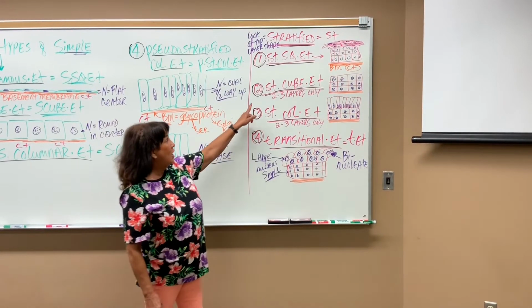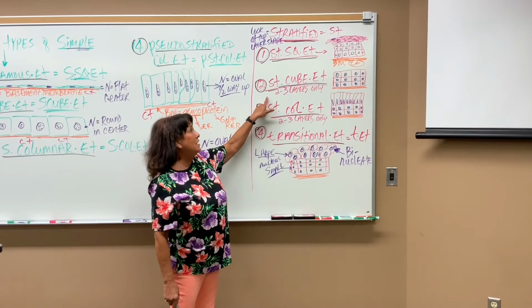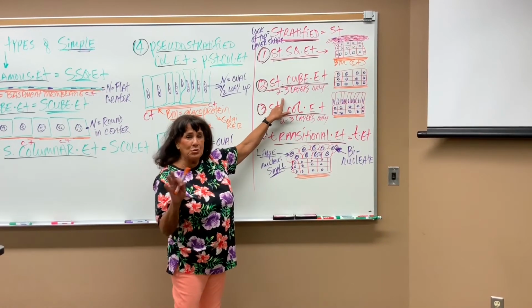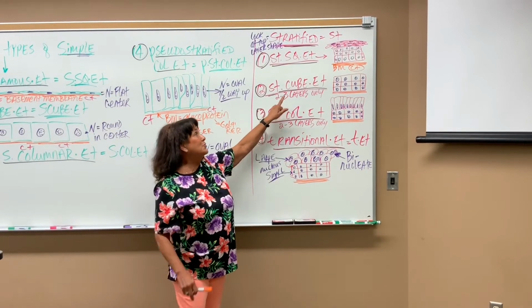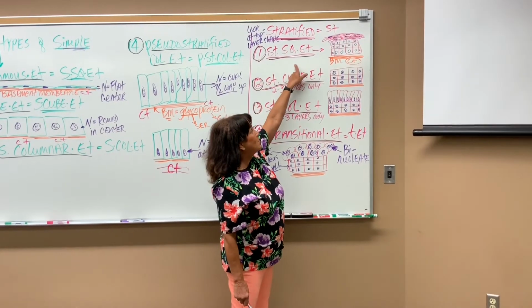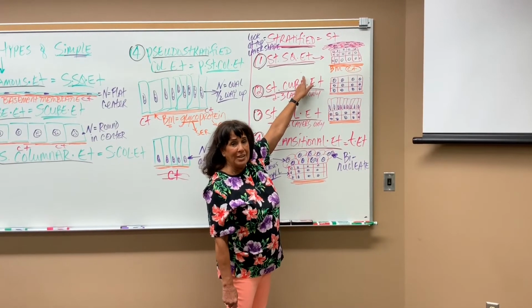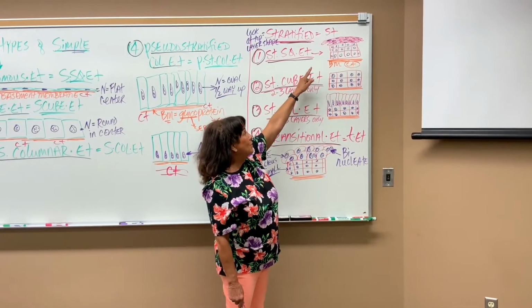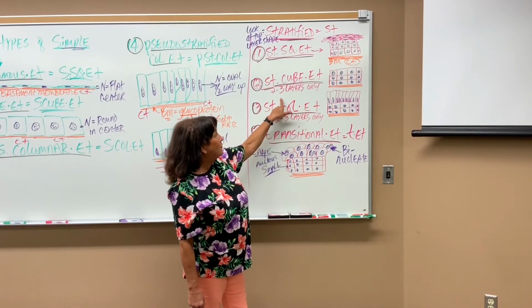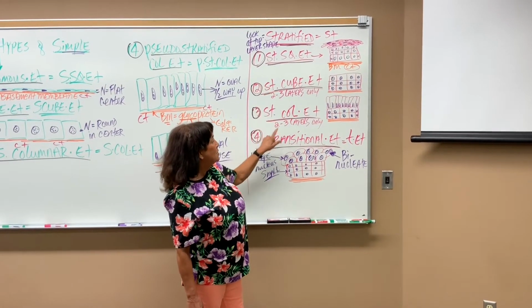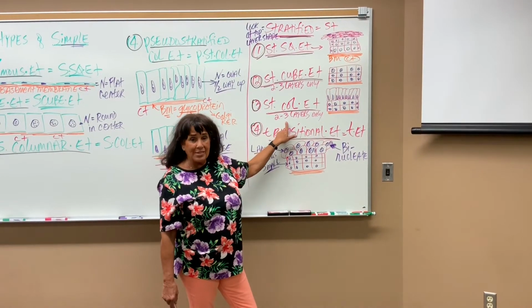Then the second specific kind of ET is called stratified cube ET, and it only has 2 to 3 layers of cells. And so skin, stratified squamous ET, oh my gosh, you can have up to 100 layers of cells in just the epidermis right there. But the stratified cube and stratified columnar ET, both of these only have 3 layers max, okay?